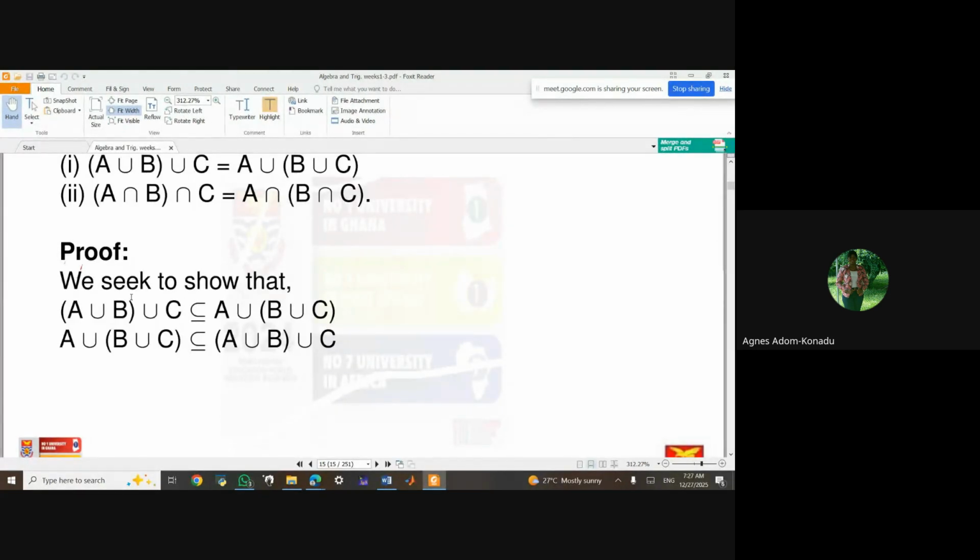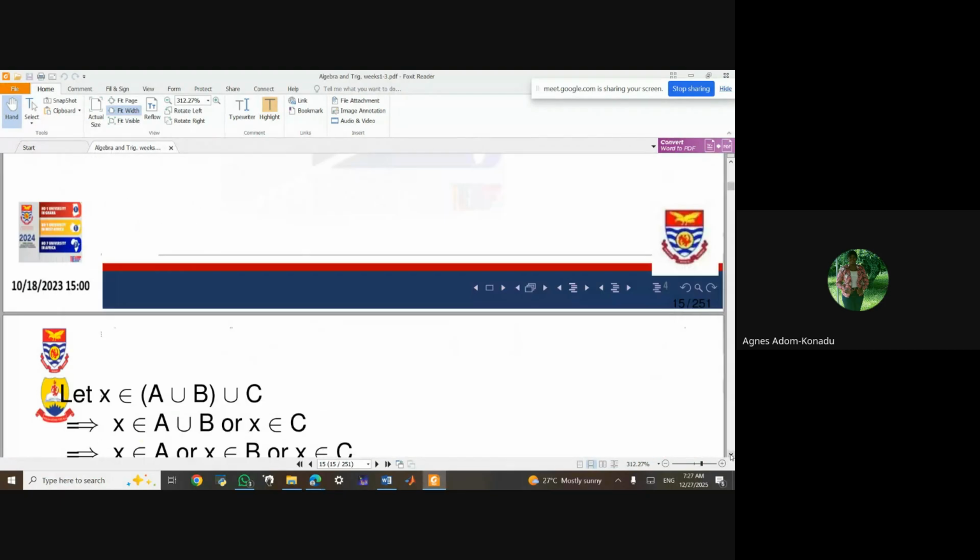So we seek to show that this is contained in this, and this is also contained in this. So let element X be in the left-hand side, and then we'll prove that it is in the right-hand side. Then after that, we'll prove that an element X which is in this is also in this. Then we can say that they are equal.